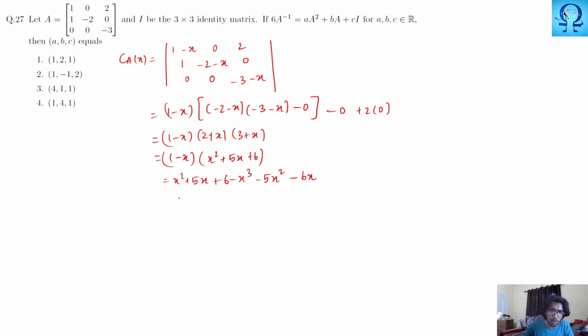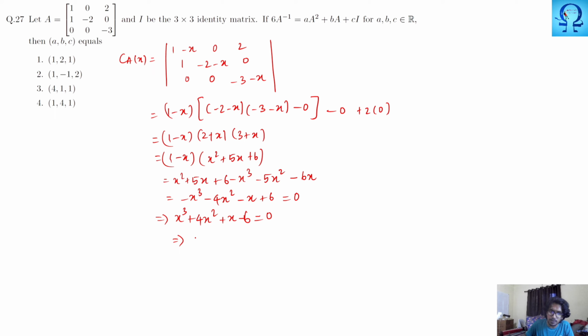So as a whole, this becomes minus x cube minus 4x square minus x plus 6 equal to 0. This may also be written as x cube plus 4x squared plus x minus 6 equals 0.